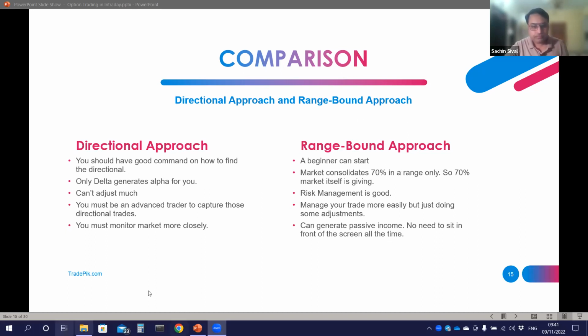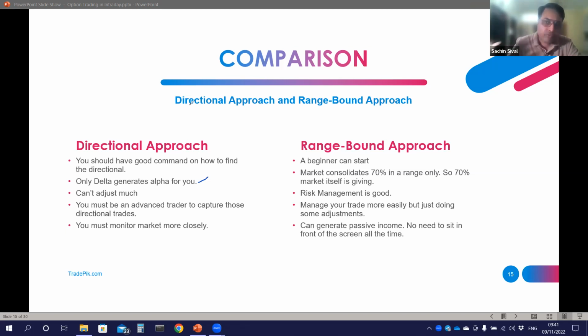And the second thing is, if we know option pricing, we know that Greeks play a major role in option pricing. So if we are creating a directional strategy, only delta is generating alpha for you. Your theta and all the other things are against you, but your delta will generate.